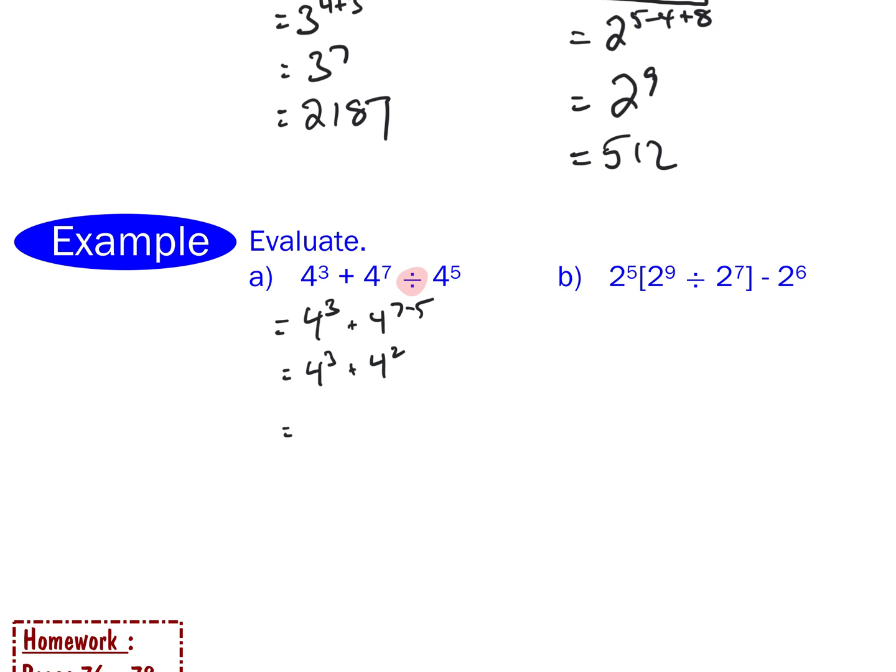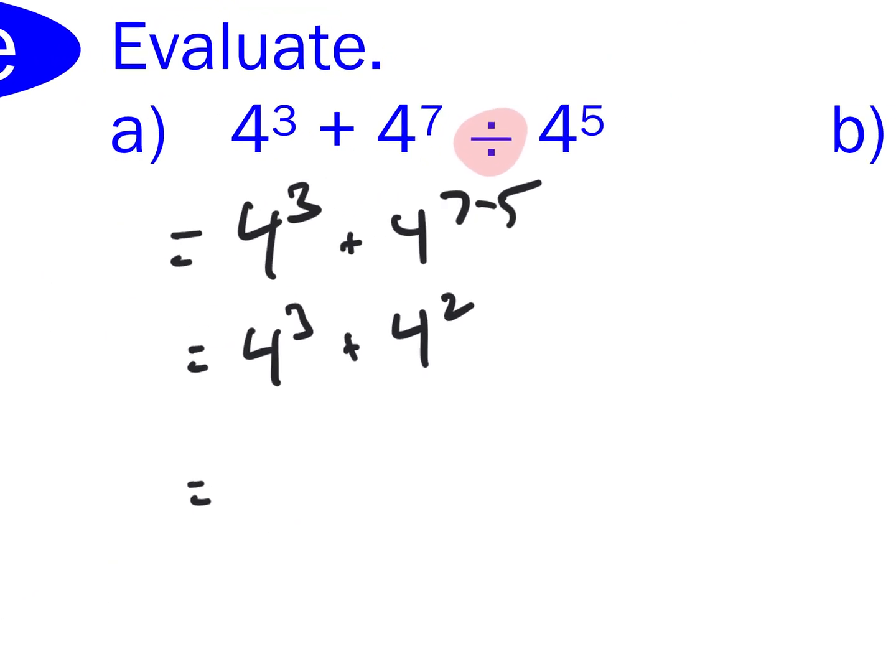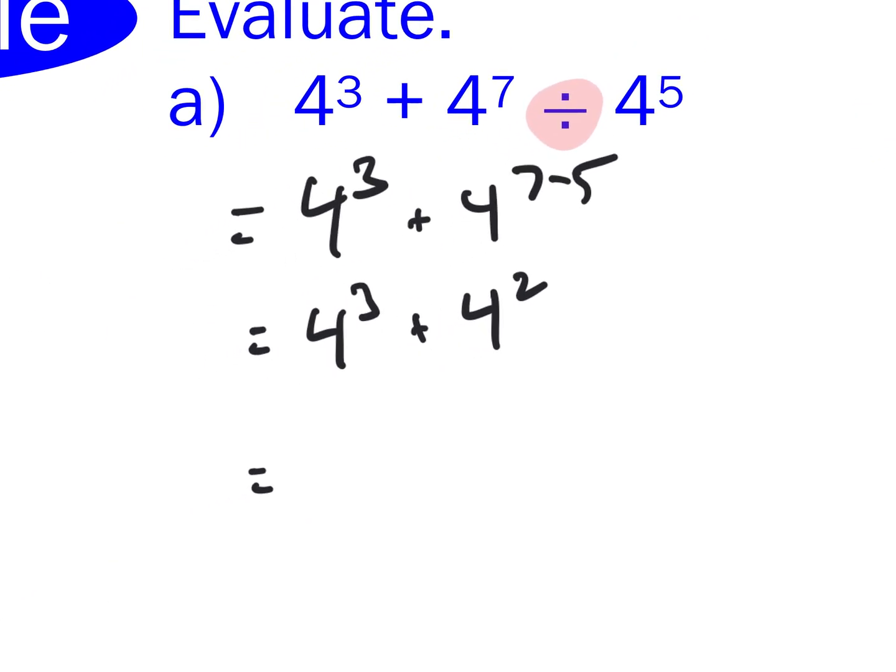Like I said, there's no exponent rule for adding. So actually what we have to do at this point is just evaluate. We have to evaluate what 4 cubed is. We have to evaluate what 4 squared is. And then we add those numbers together. What is 4 cubed? 32.